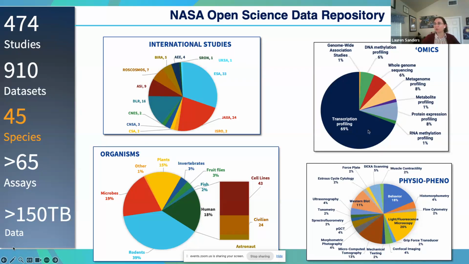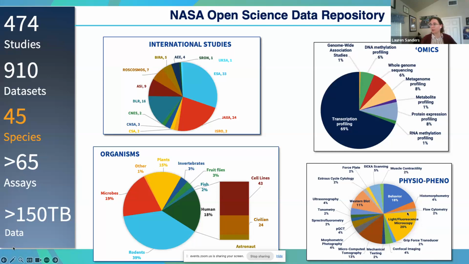So on the omics side, the majority of our data is transcription profiling, RNA sequencing, or microarray, but we do have quite a few data sets focused on DNA, whole genome, methylation, metagenomics, and some proteomics as well.